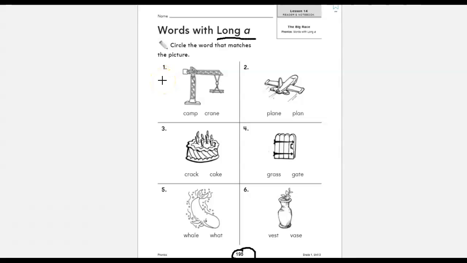On number 1, you may not know exactly what this is, but that's okay. Let's read the two words at the bottom. We have camp and crane.